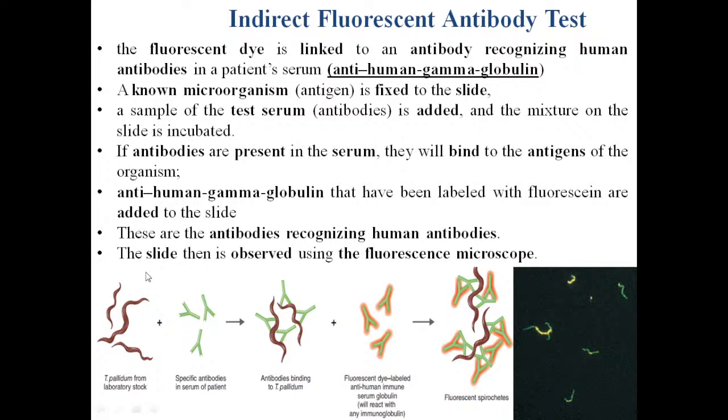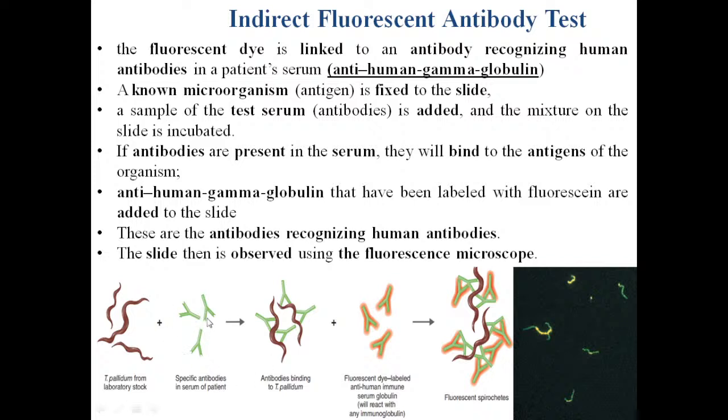Known microorganism, it is antigen, is fixed to the slide. For example, this one, known Treponema pallidum, is fixed to the slide. A sample of test serum antibodies is added, and the mixture on the slide is incubated.